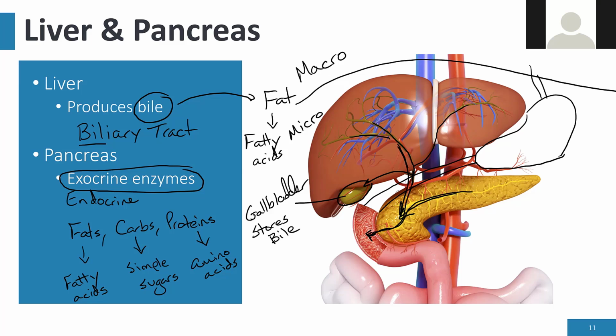So things like our chronic alcoholics who have hepatitis. Hepatitis: itis is inflammation, hepat references the liver. So liver inflammation, or inflammation of the liver.